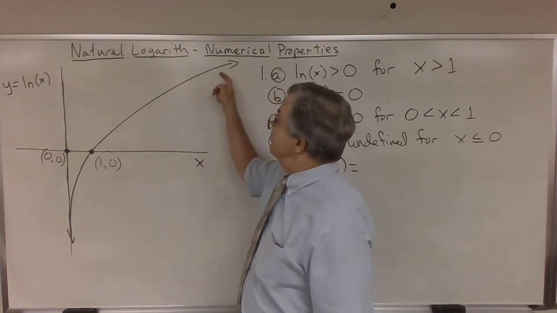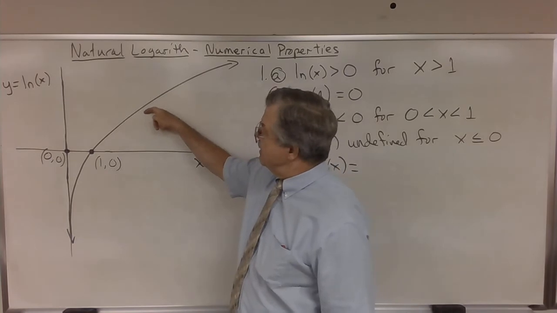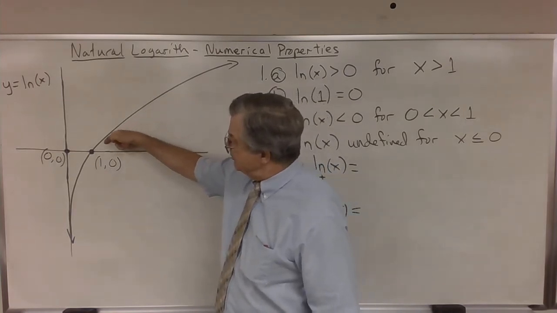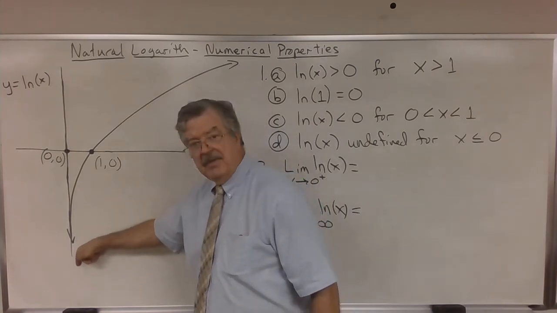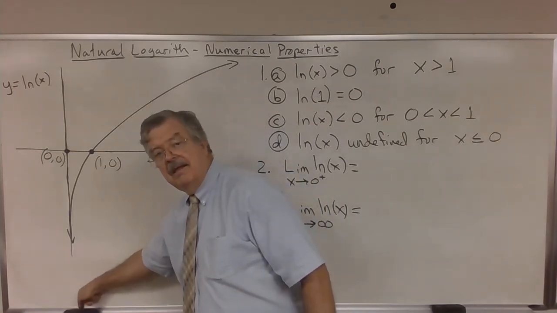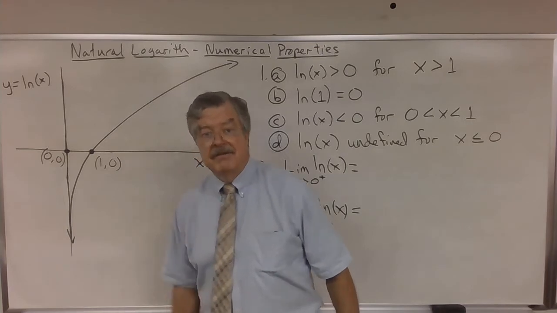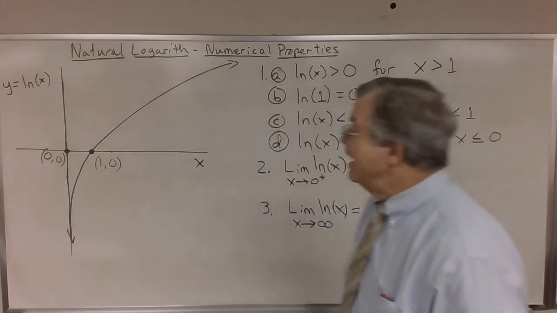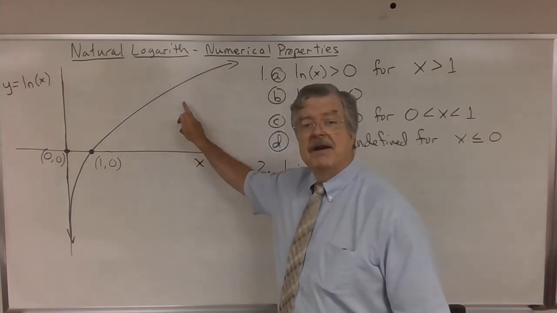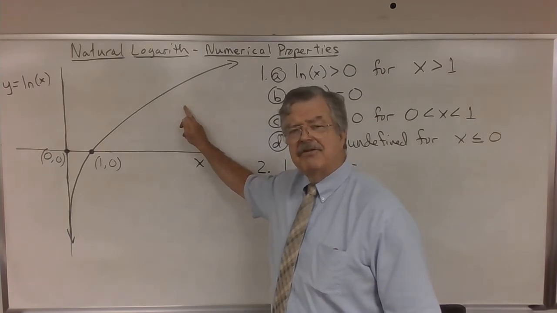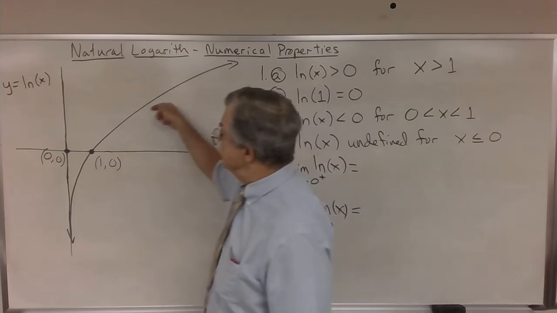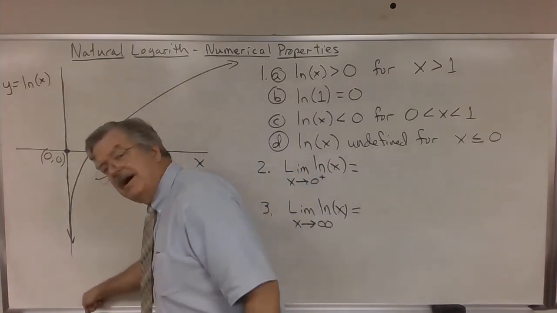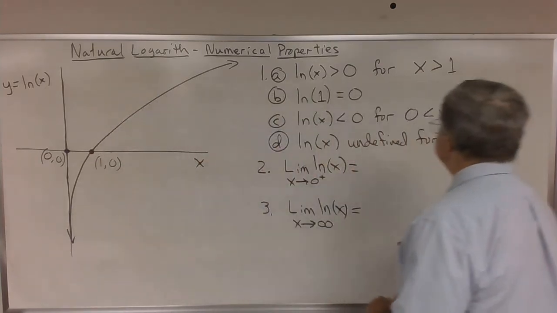And as x approaches 0 from the right, what happens to the natural logarithm of x, the y value? It goes straight down to negative infinity, doesn't it? And we can tell that just by knowing what the graph of the natural logarithm function looks like. As x approaches 0 from the right, the natural logarithm goes to negative infinity.